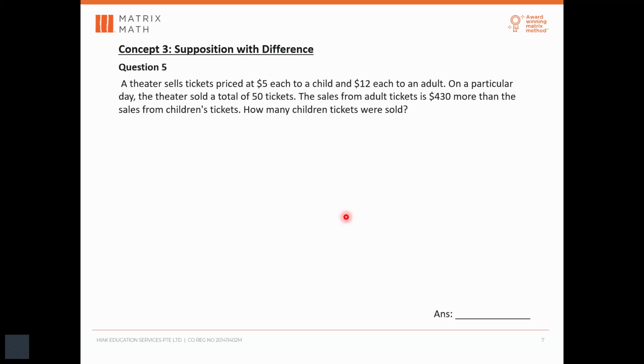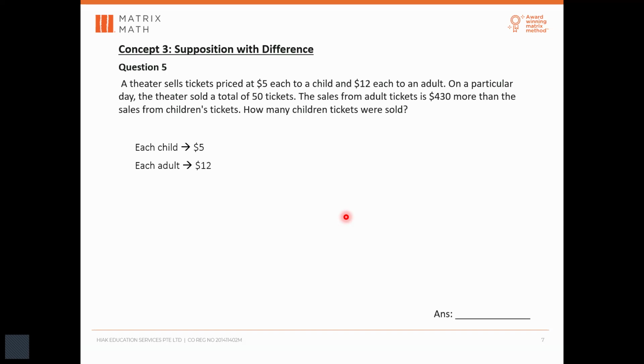So this is supposition with difference. Question 5. A theatre sells tickets priced at $5 each to a child, $12 each to an adult. On a particular day, the theatre sold a total of 50 tickets. The sales from adult tickets is $430 more than the sales from children's tickets.